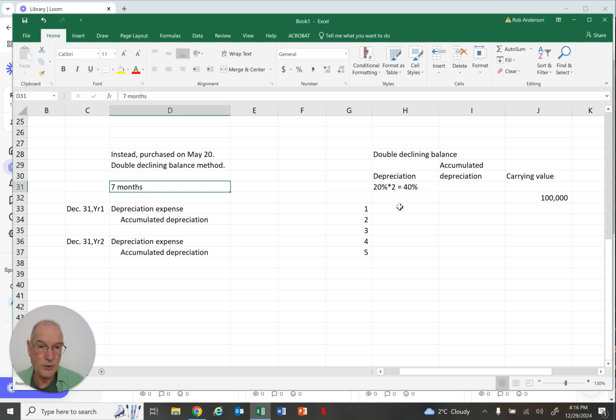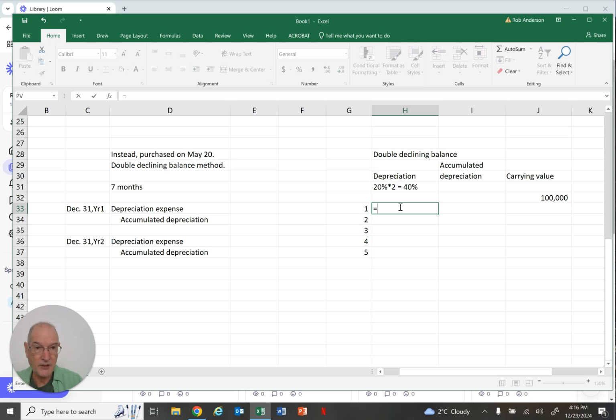So what we're going to do, using double declining balance and the 40% rate, we're going to take our 100,000, we're going to multiply by 40%, as you can see on the screen, but then I'm going to multiply that times 7 for 7 months divided by 12. So as you can see on the screen, this is 7/12 of the yearly amount.